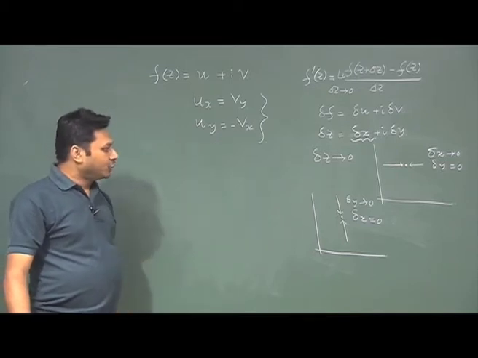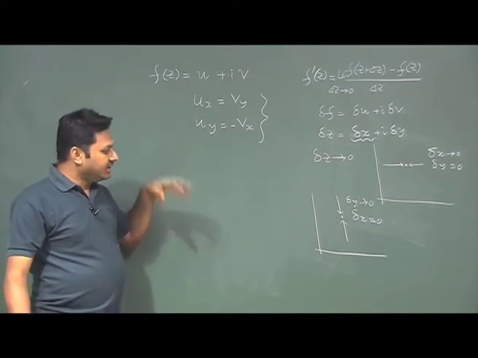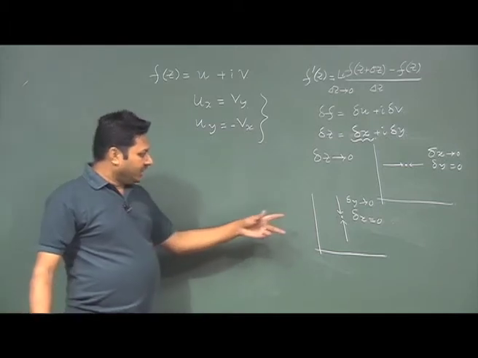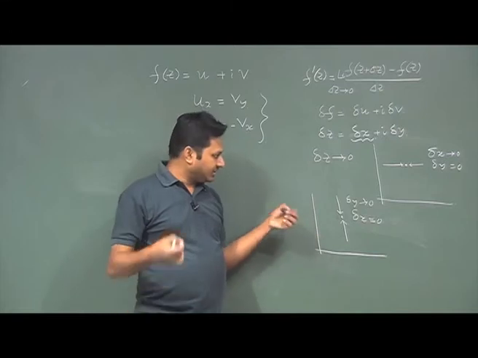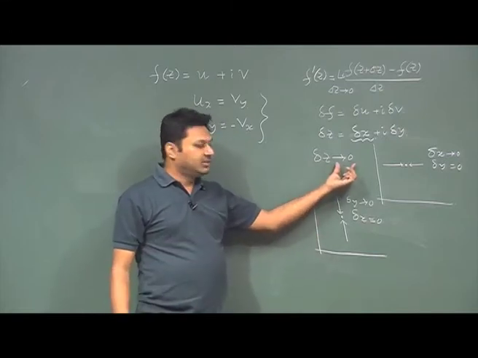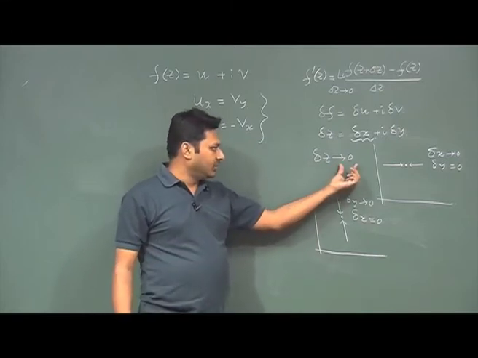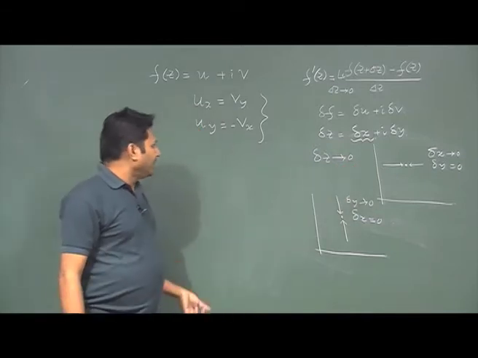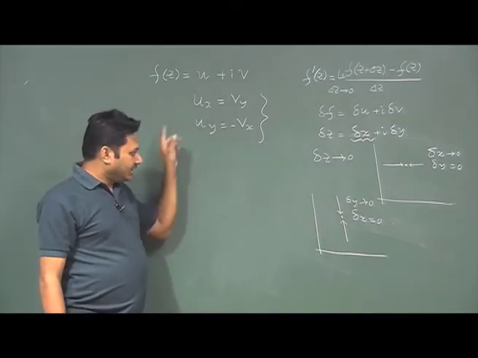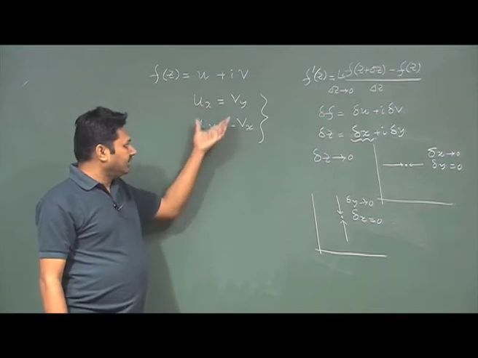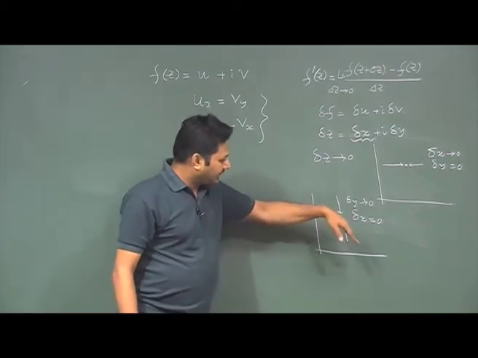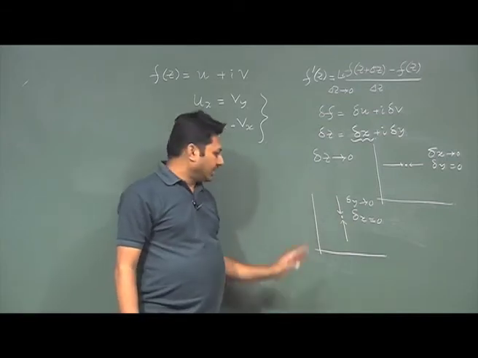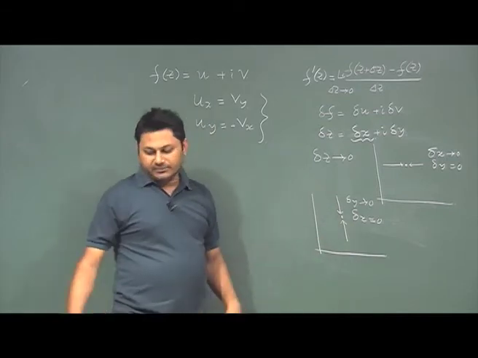So, today I would like to show that even though I am getting this expression by using two preferred directions of approach towards delta z equal to 0, these two expressions essentially give you the same result in any direction of approach. I will try to show that in a different way.